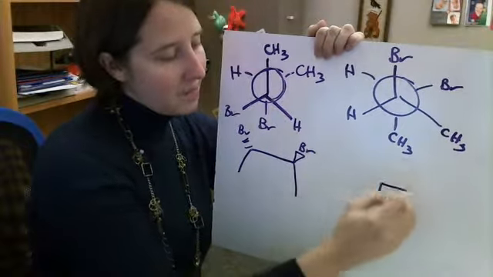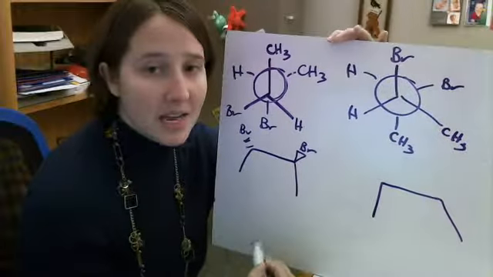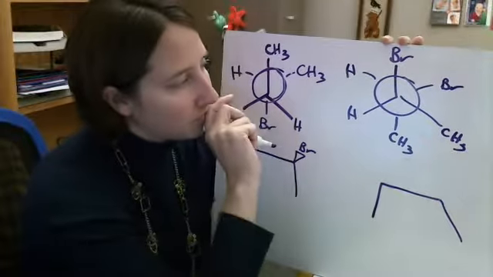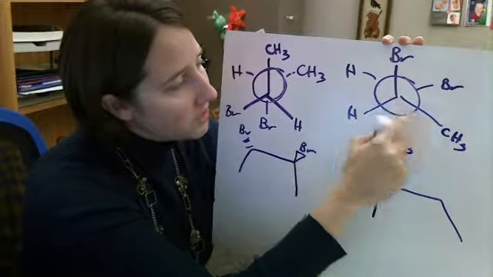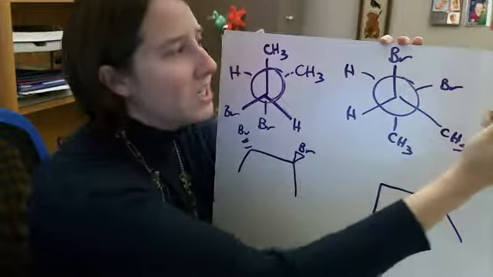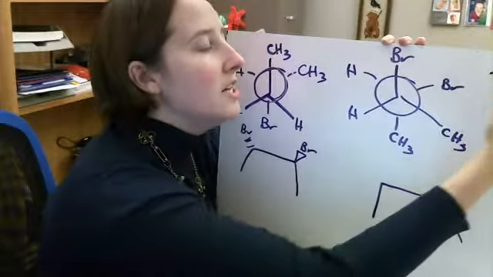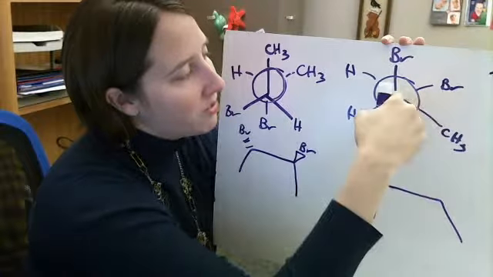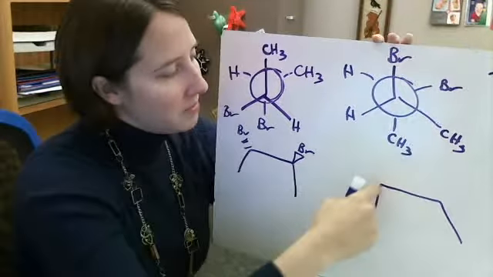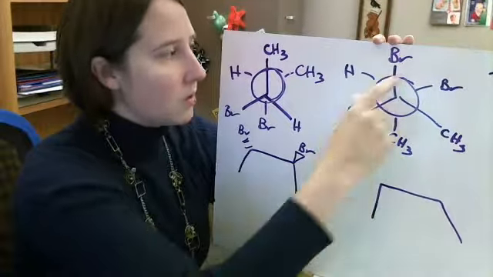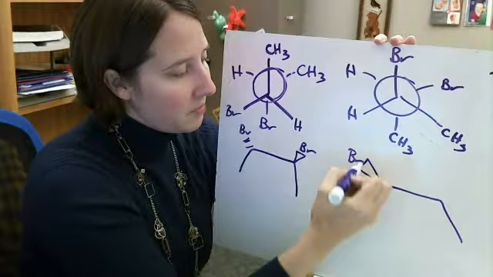So I'm going to do the same thing with this one and keep those carbons the same and look to see what the bromines look like. So on this one, if the bromines are both down, and here it is, I'm really just looking at this one from this point of view. So this bromine here in the front carbon is down, going here. Compared to that, the bromine and hydrogen, this bromine is coming out at me. So that would be this bromine here.